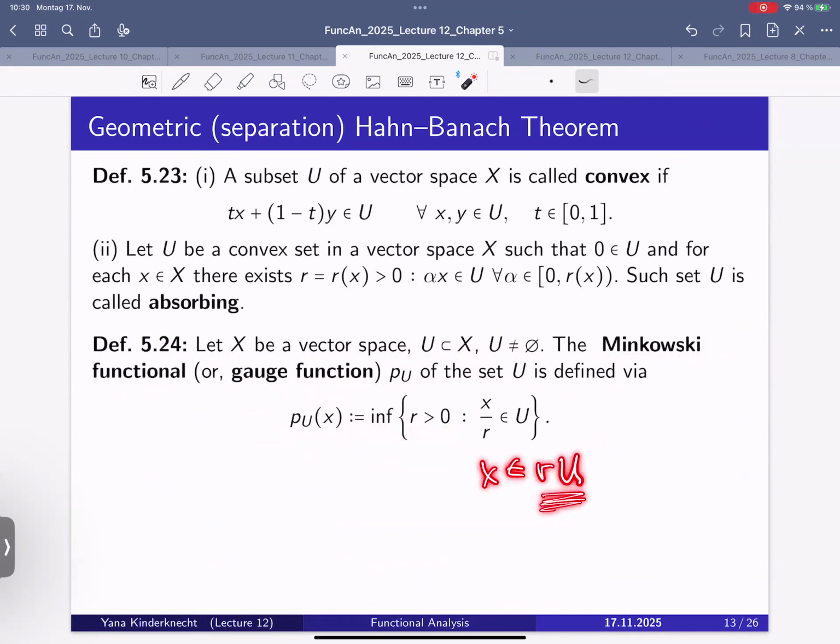So how much we should expand U in order to absorb the point x. Either we expand U or we contract our point in the direction of 0.